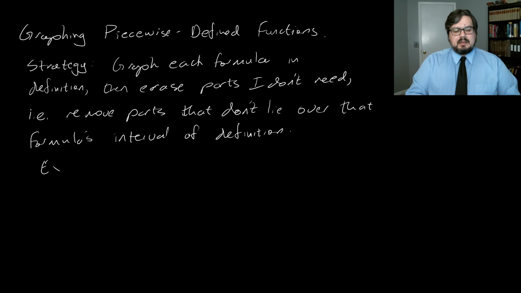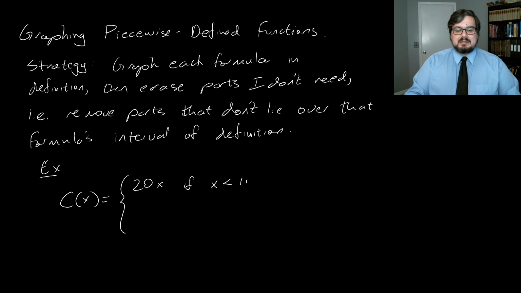Let's take an example. Let's take our first example from the problem. Let's take c of x is equal to 20x if x is less than 10, and then 15x if x is greater than or equal to 10.